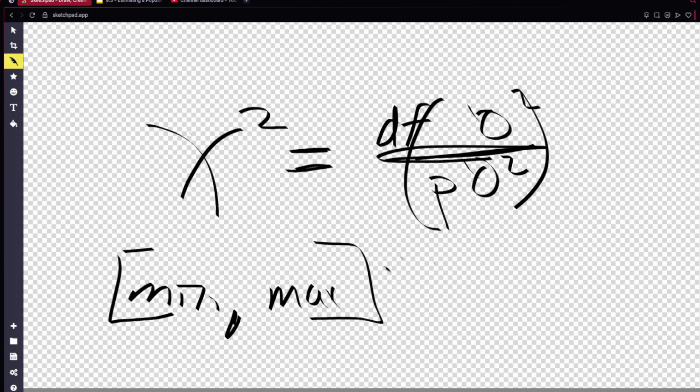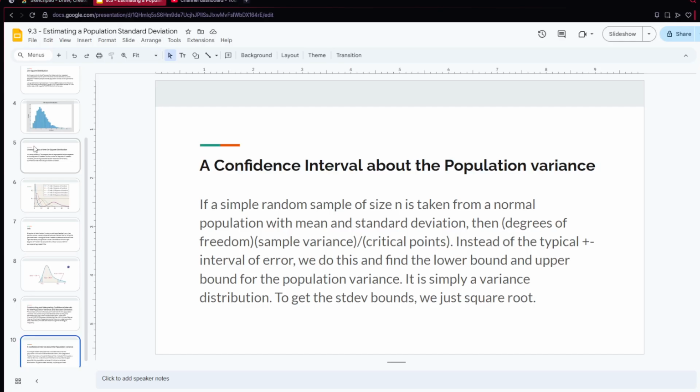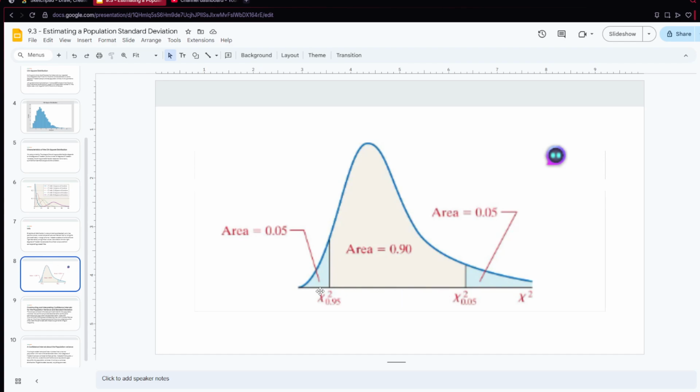So if we get the confidence interval of, let's say right here, 0.05 and 0.95. I'm actually kind of confused why. Oh, okay, there we go. So 0.95, because it calculates the area to the right, I think. Wait, let me use some logic here.